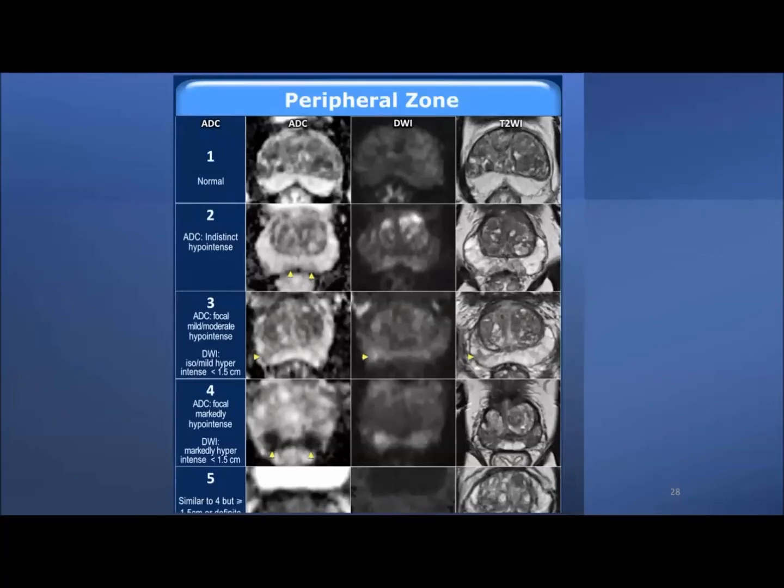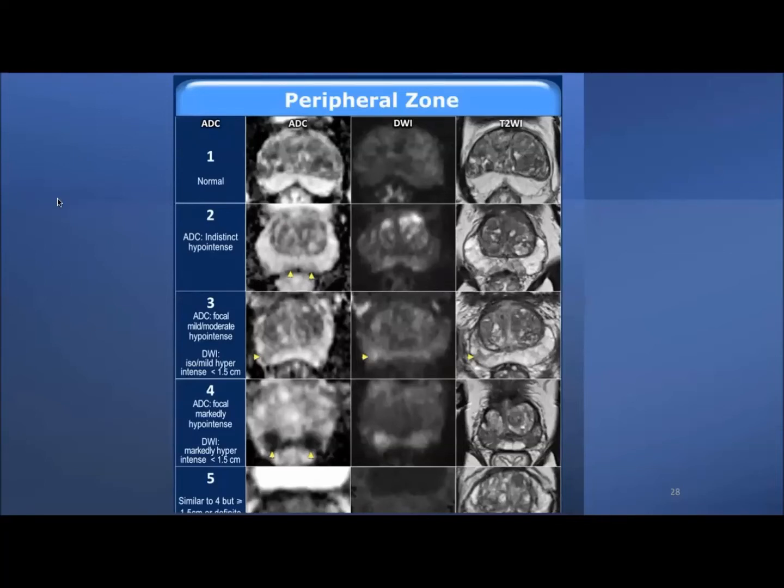The changes of BPH are usually nodular, with encapsulated margins and some hyperintense areas, referred to as cystic changes, which we can see on the right side in the topmost image.